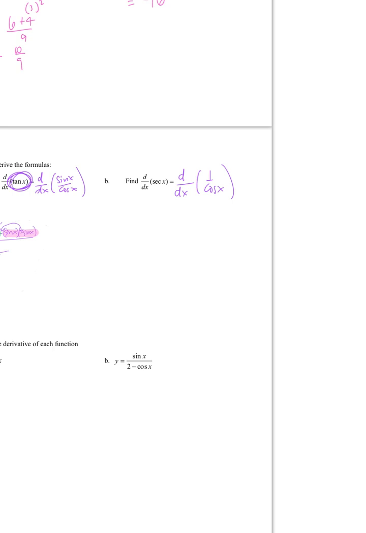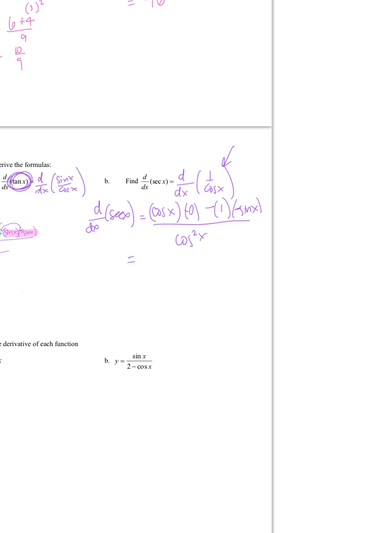All right, so I'm going to do the derivative with respect to x of secant x by using the quotient rule. So it's the low times the derivative of the high, which is 0, minus the high times derivative of the low, which is negative sine x, squaring the bottom, and away we go.